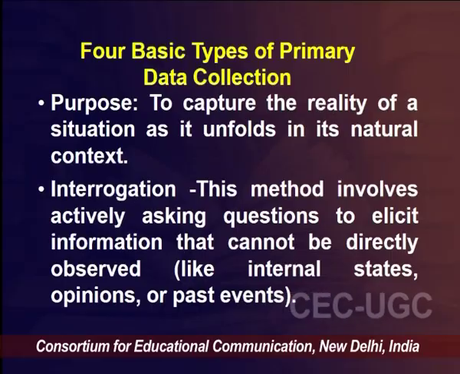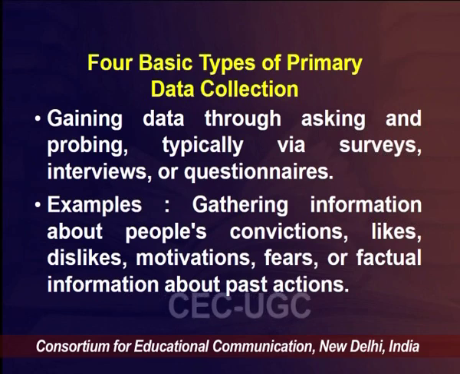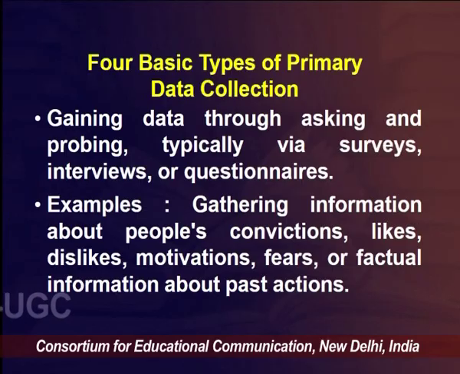The third is interrogation. This method involves actively asking questions to elicit information that cannot be directly observed, like internal states, opinion, or past events. Gaining data through asking and probing, typically via survey, interviews, or questionnaire.